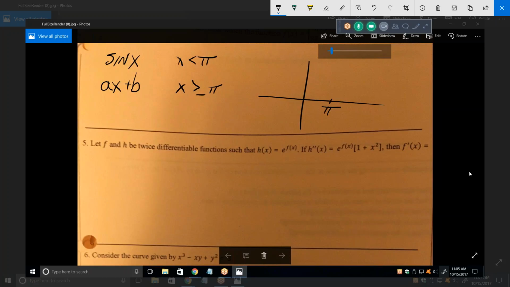Well, if I draw the sine curve for pi, that's what it looks like. But then they're saying that it is some straight line after that. And they're saying it is differentiable at pi, which means it's continuous. That's the main important thing. So what do we know is happening at that point regarding these two functions?